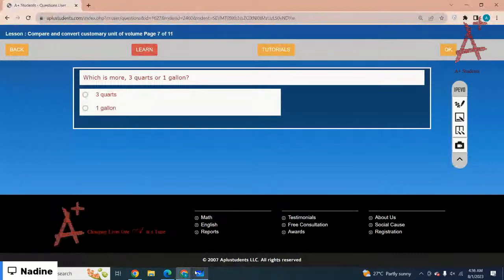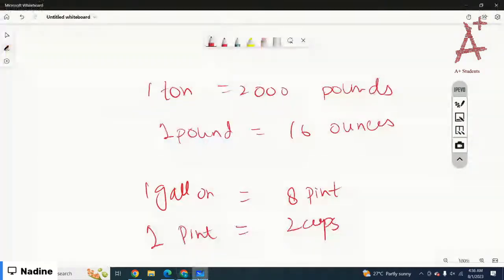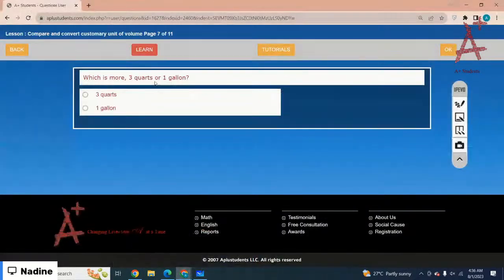Hold on, let me just confirm. Yes, 1 gallon equal 4 quarts. You can note down this conversion also. 1 gallon equal 4 quarts. That means quarts is a smaller unit and gallon is a bigger unit. So the correct option is 1 gallon is more, because in 1 gallon you have 4 quarts, right?